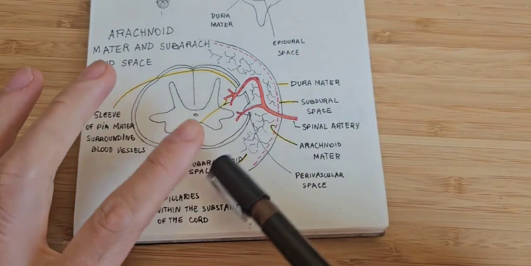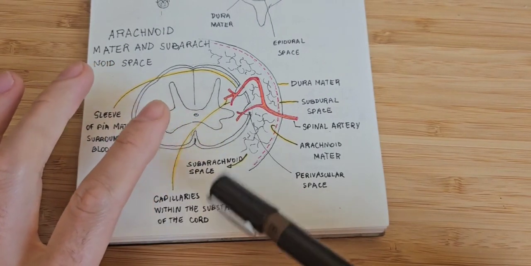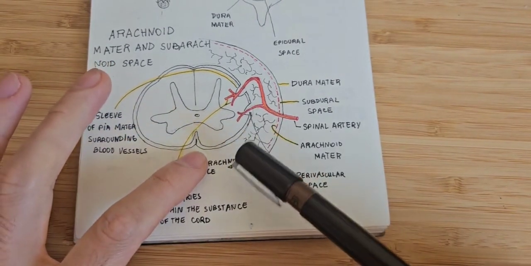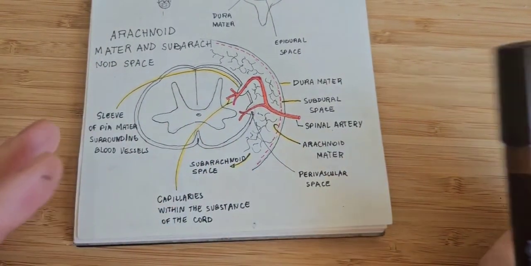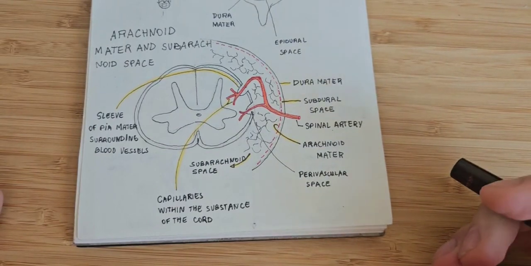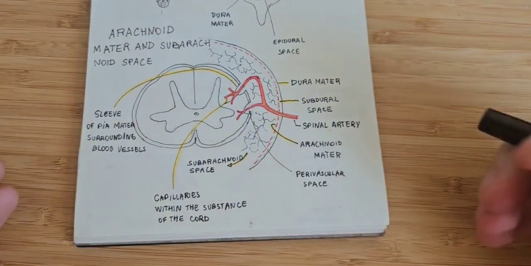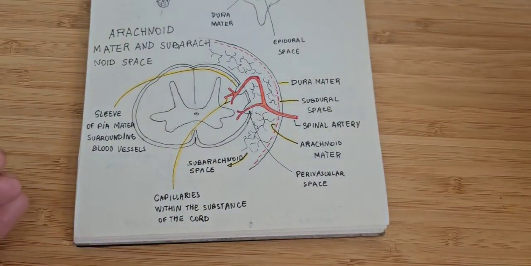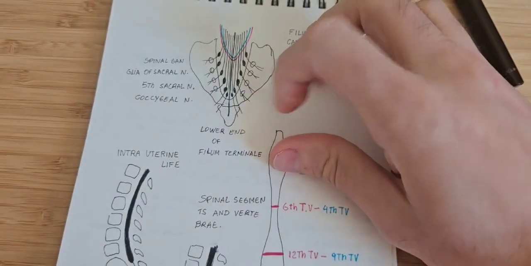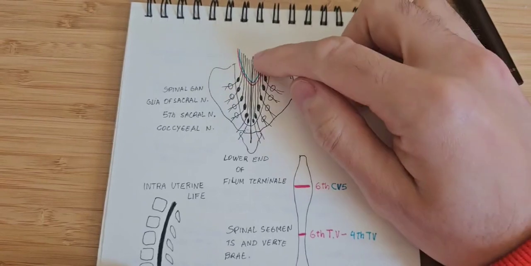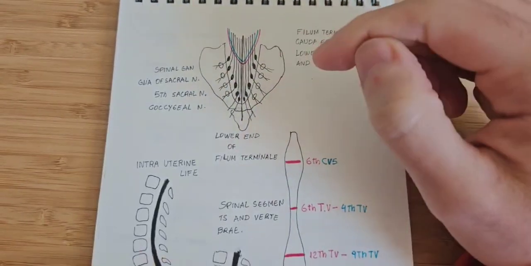So the width of the subarachnoid space, as you notice, is widest around the cauda equina, which is the bundle of nerve roots extending inferiorly from the conus medullaris, which is here. Okay, here you cannot see, but it's here.